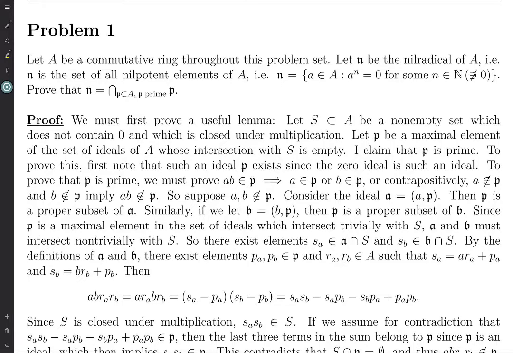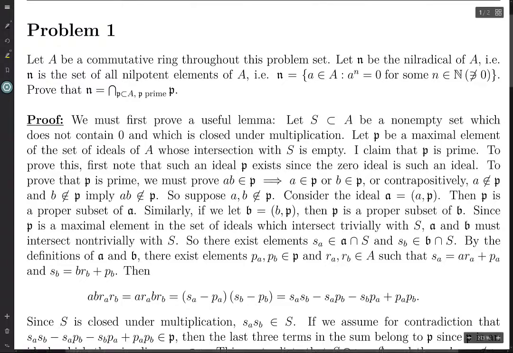You take the set of ideals whose intersection with S is empty, and you give it a partial order by inclusion, and then you prove that every chain has an upper bound, namely the union, and therefore there is a maximal element with respect to inclusion, a maximal element of the set of ideals whose intersection with S is empty. Okay, so we know that such a thing exists.